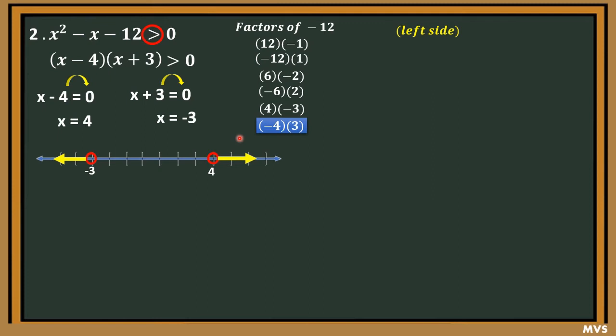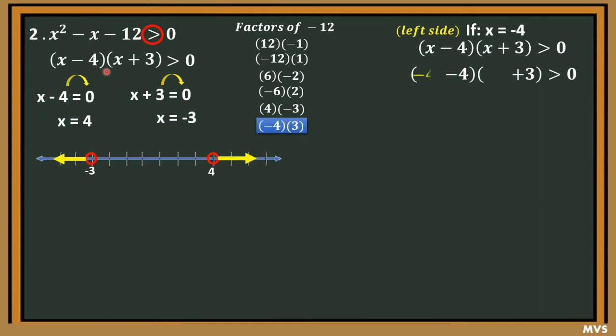Let us use the left side region. You can choose any number from the left side of -3. So I'll choose -4. And I am going to use the factor form to test whether the region belongs to the solution set instead of the original inequality. So let's have here x minus 4 and x plus 3 is greater than 0. By substitution, your x is -4.